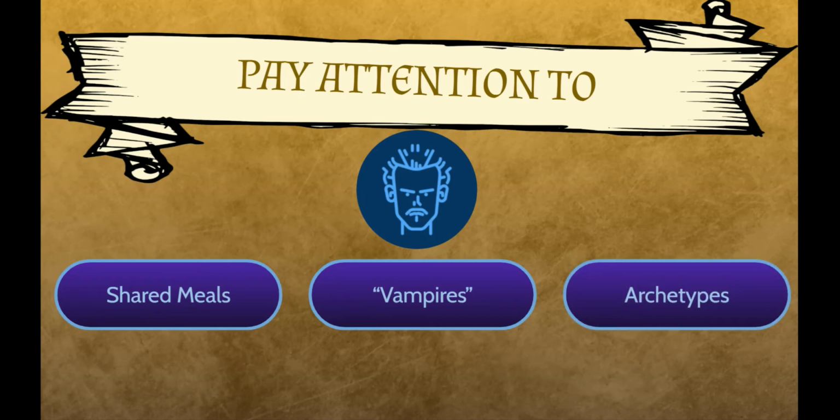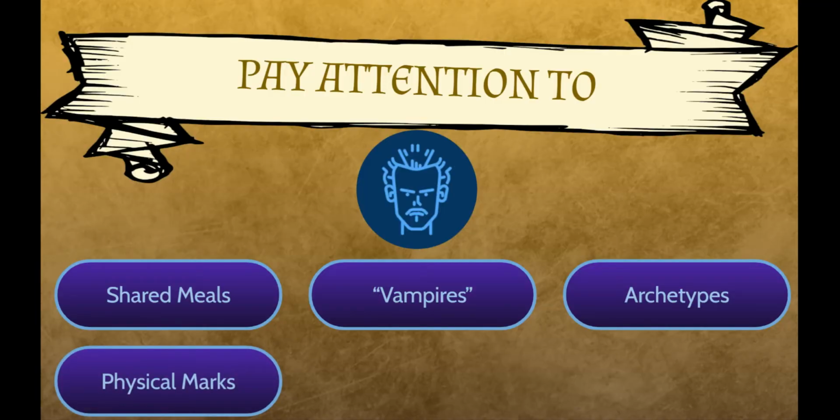Of course, we've got character archetypes. You got your hero archetype, the mentor, the villain, the sidekick. There's lots of character archetypes on there. When we identify character archetypes, then we can set expectations for what will happen in the story, make guesses, and all of that kind of stuff. Physical marks, scars, deformities, anything like that, often will separate characters out.